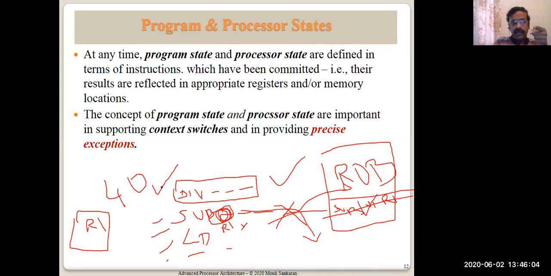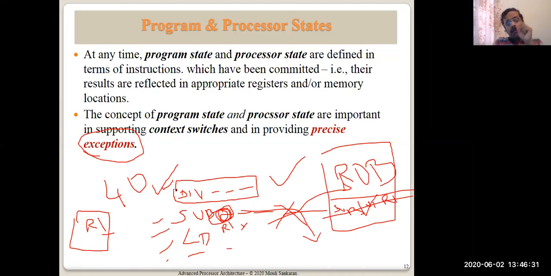Why is it not committed? Prior to this instruction, the div was there. The div is not yet over, so I cannot commit it. So the ROB does not write the result into R1. So R1 is not affected yet. Imagine an exception happens. What is the exception? An exception is the abnormal situation happening because of executing an instruction.